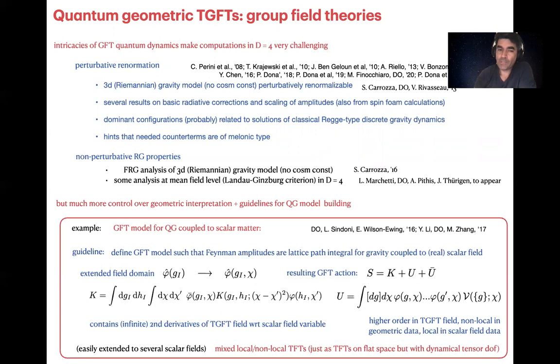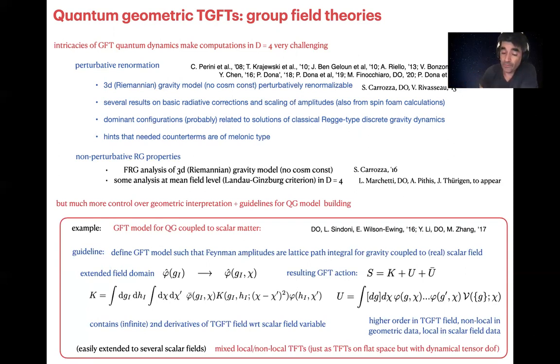One can define models for quantum gravity coupled to scalar matter, which are useful, for example, in the context of effective cosmology that I'm going to close the talk with in a second. The guideline here is that one wants to define a group field theory model such that the Feynman amplitudes are lattice gravity path integrals for gravity coupled to scalar fields.